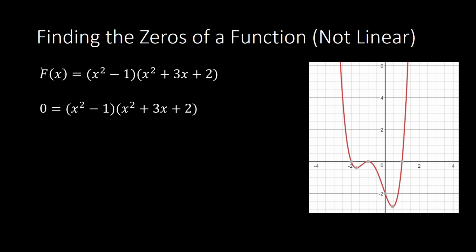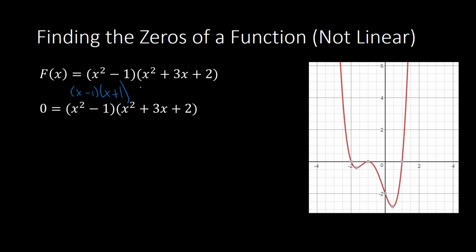Now we need to figure out what x is going to equal. And to do that, we need to factor completely. And here it's not factored all the way, right? We should notice pretty quickly x squared minus 1 can factor. That's a difference of squares. So that would become x minus 1 and then x plus 1.